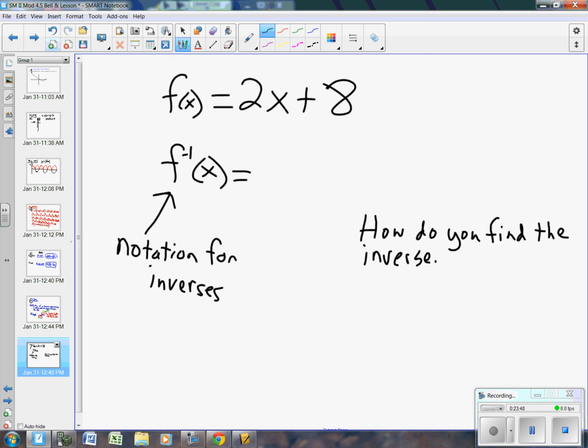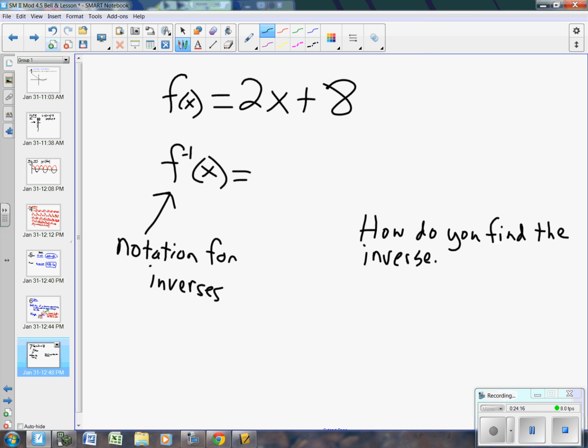Branson. Okay, Christian. You gotta find the reciprocal. Well, some of you guys are saying find the reciprocal. The reciprocal of 2 is going to be the slope of our new function. But there's something else that happens that's easier to do.